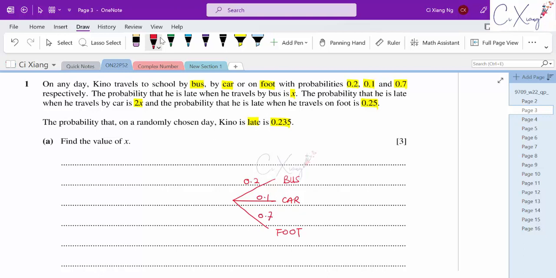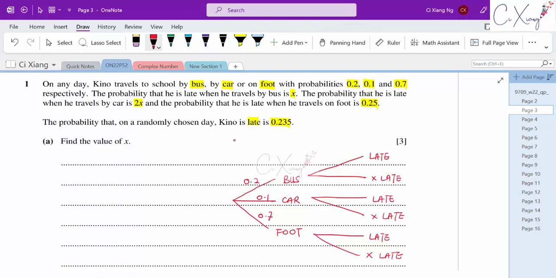After the method of travel to school, you can continue to draw branches to show whether he is late or not. So I have late and not late for all three different methods of travel.